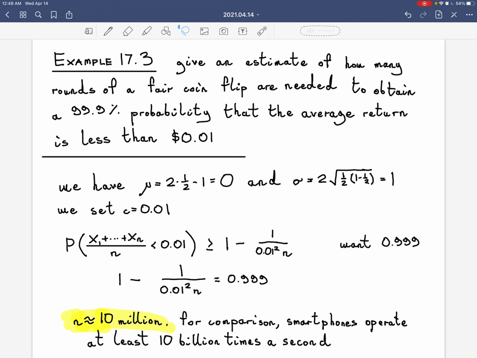Okay, so we can have a look at another example here. So let's say how many rounds of a fair coin are needed to obtain a 99.9% probability that the average return is less than a cent. So you have whatever time interval your process is happening.